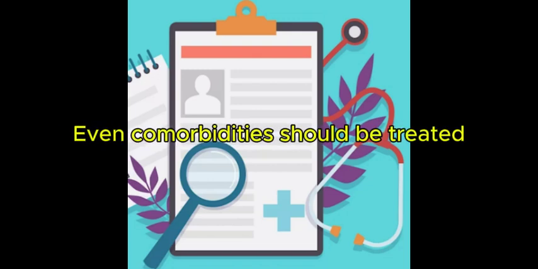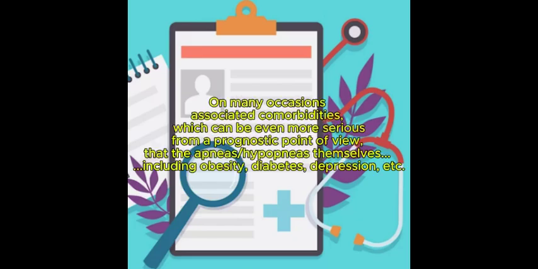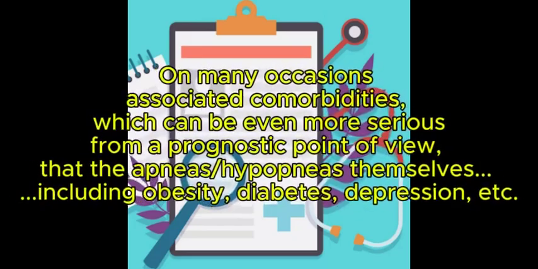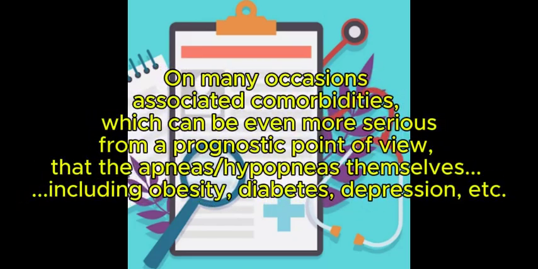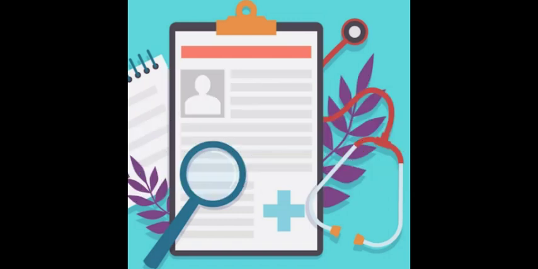Remember, the patient must be seen as the individual they are, and also remember that on many occasions, the associated comorbidities, which are very common, dominate the condition, and from a prognostic point of view, are even more serious than the apnea-hypopneas themselves.